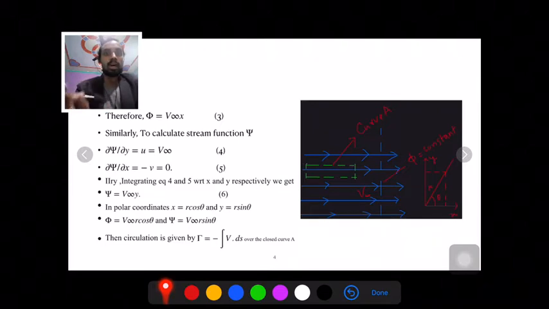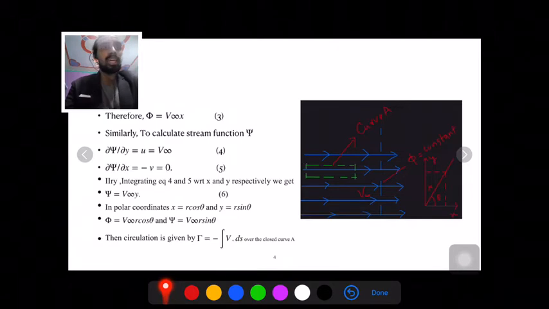So after this we are going to look at circulation. Our basic definition of circulation tells me it is a line integral along a closed curved path. Okay, so line integral along a closed curved path.